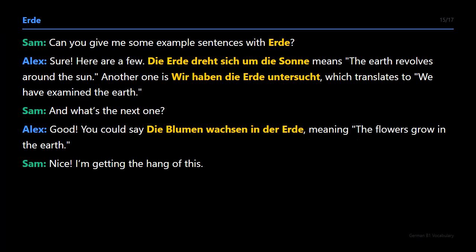And what's the next one? Good. You could say, Die Blumen wachsen in der Erde, meaning the flowers grow in the earth. Nice. I'm getting the hang of this.